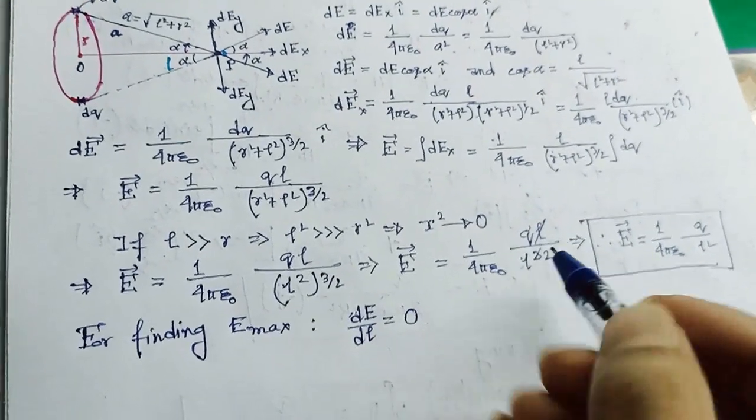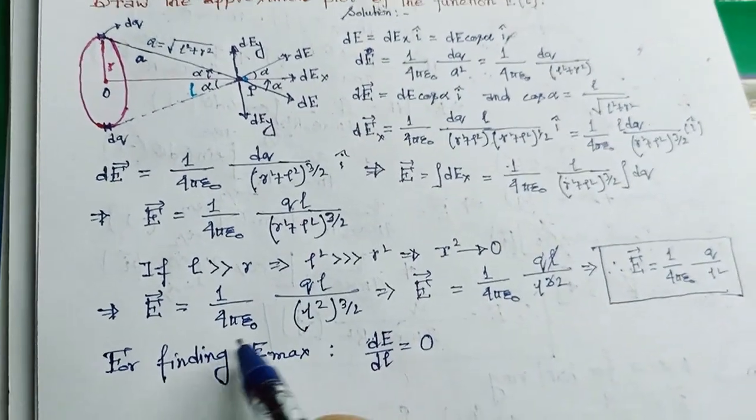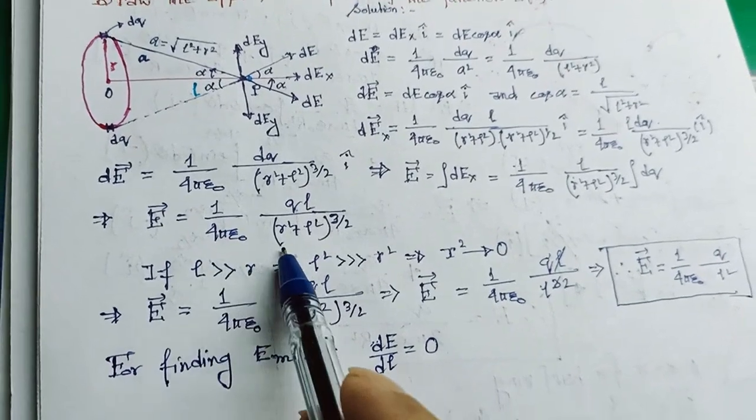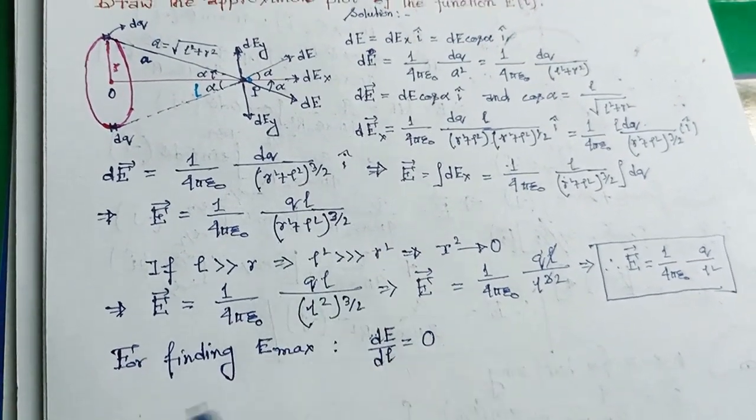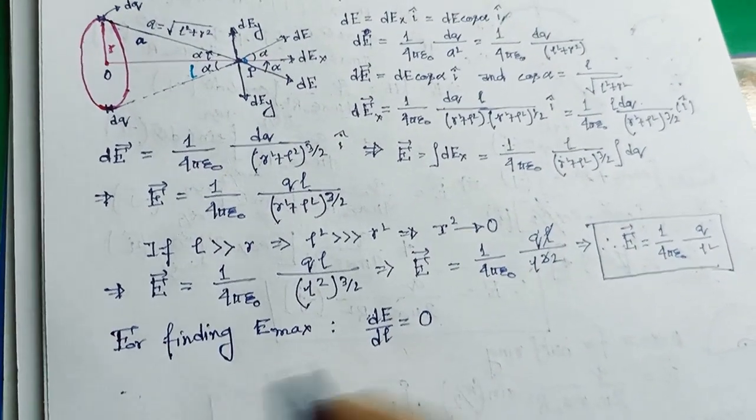Now, as we found, our electric field is equal to 1 divided by 4 pi epsilon naught QL divided by (L square plus R square) whole to the power 3 by 2.